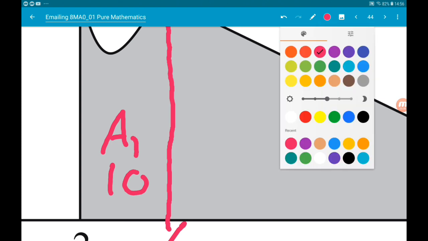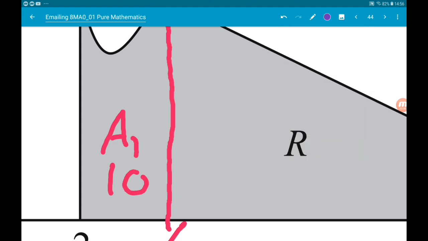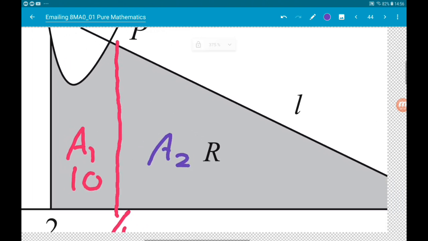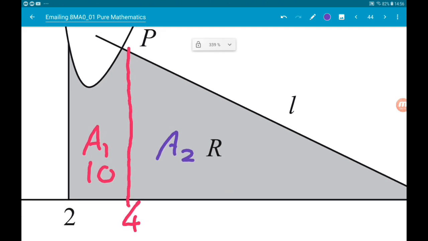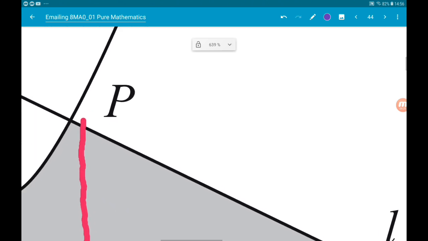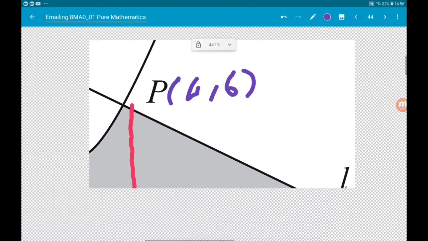So now we need to find, let's call this A2. How are we going to do that? Well, we know that the line L is the normal to the curve C. We know the height of this triangle is 6, because this point is (4, 6).